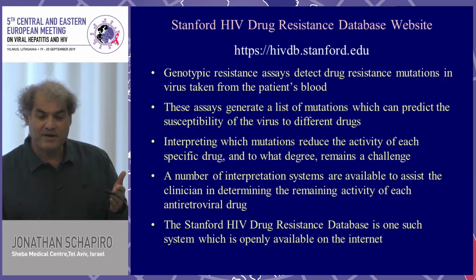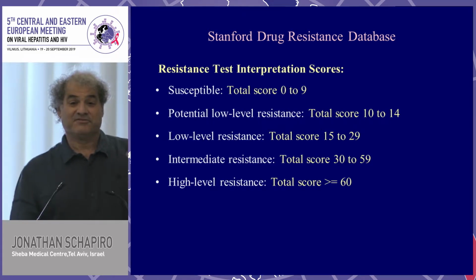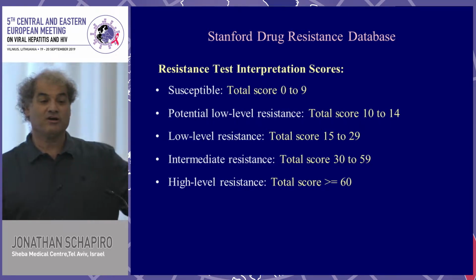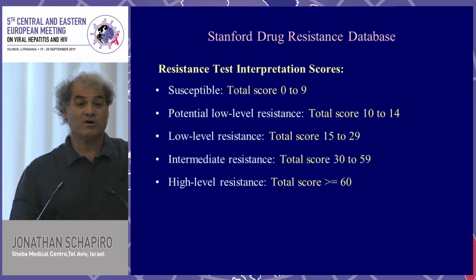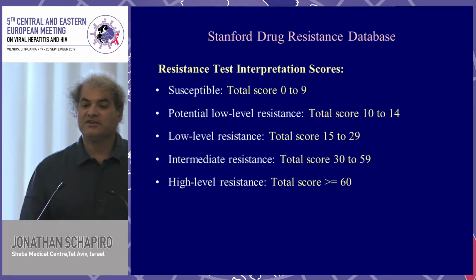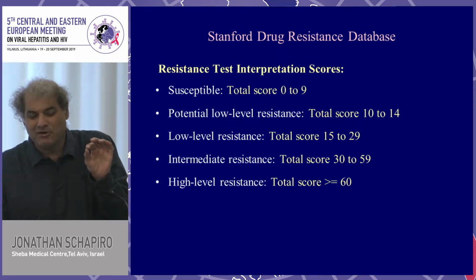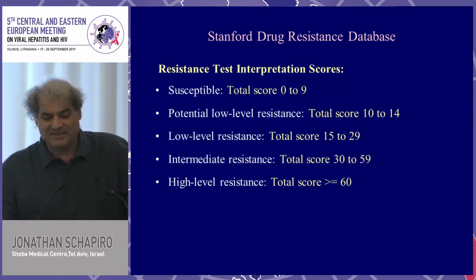Stanford's available on the web, and the way we do it at Stanford is we give scores. So a score is a bad thing. If a mutation impacts your drug, that mutation will get a score, and the higher your score, the worse the drug will work. And as you see here, we have different levels. If it's a low score till 9, there's an impact, but it's still susceptible.